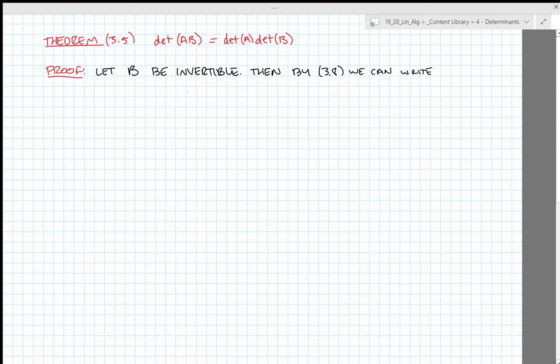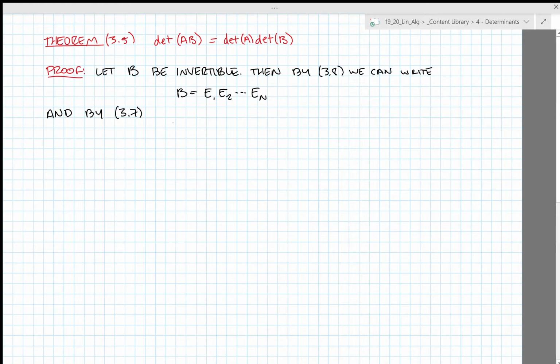Okay, well, B equals E1, E2, En. And by 3.7, if you remember, we said that if you have elementary matrices, you can factor them all out.